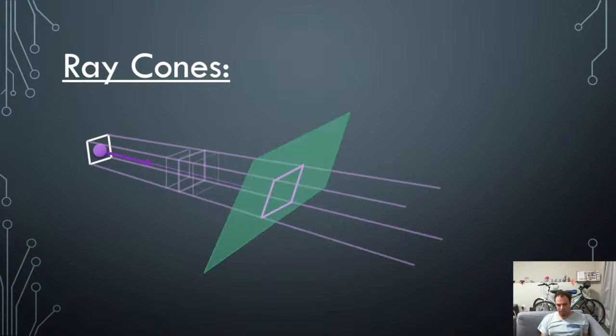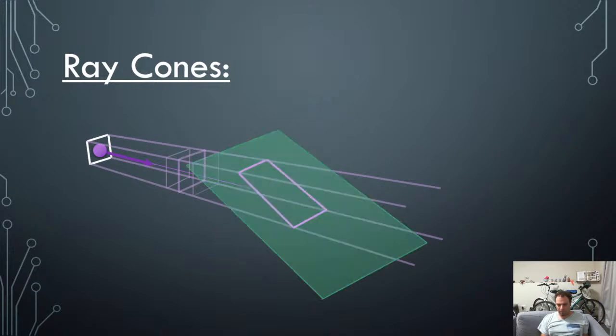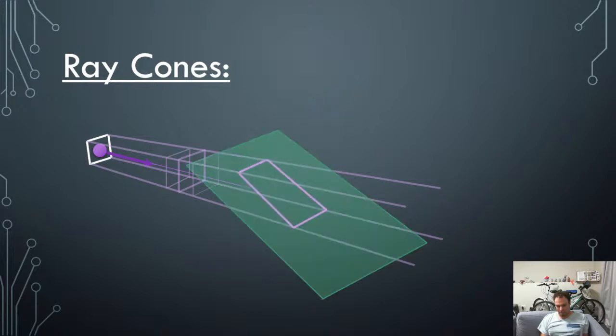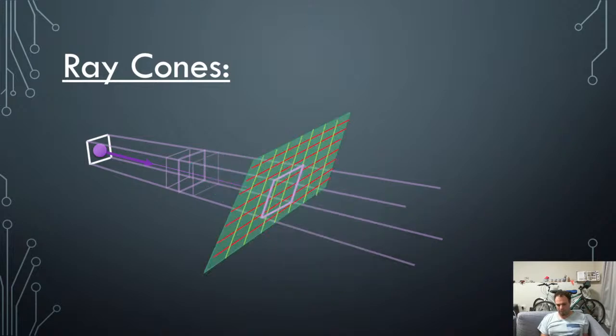So let's say we hit this plane, and this plane can have all kinds of orientations towards the viewpoint, from the pixel's perspective. So the shape of the projected rectangle can change depending on that.